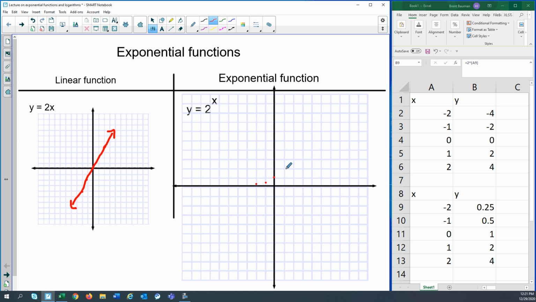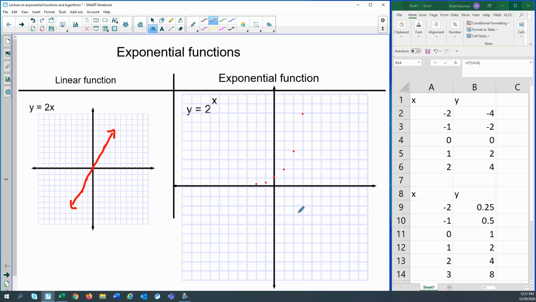0 to 1. 1 up to 2, 2 up to 4. Let's go one more just to really get a good view of what's going on here. So 3 up to 8. 1, 2, 3, 4, 5, 6, 7, 8.